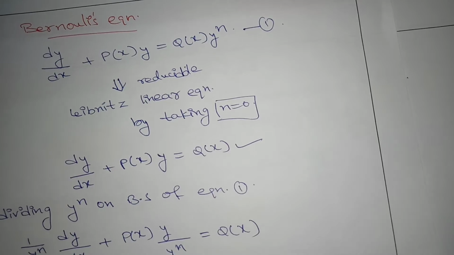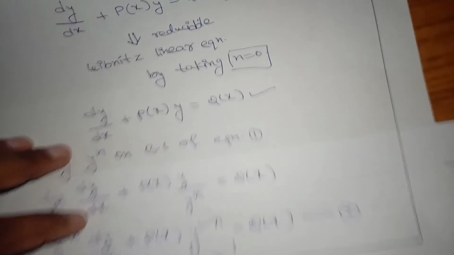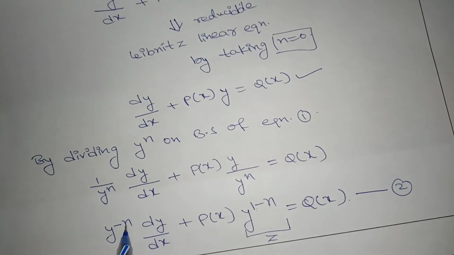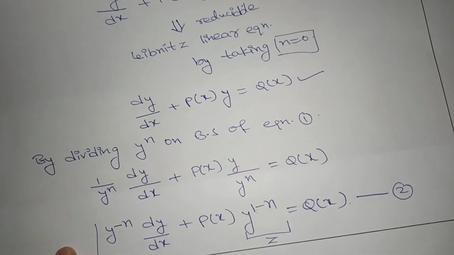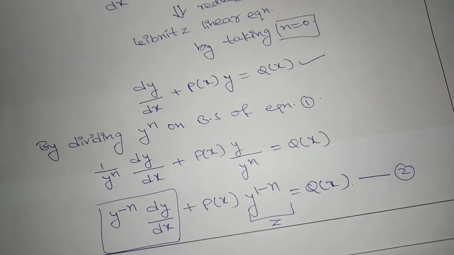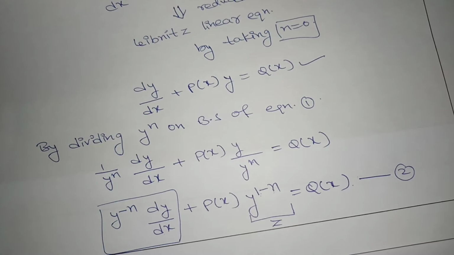Here in equation 3 we have y power minus n dy by dx. This is replaced by y power minus n dy by dx equals to 1 by 1 minus n dz by dx.